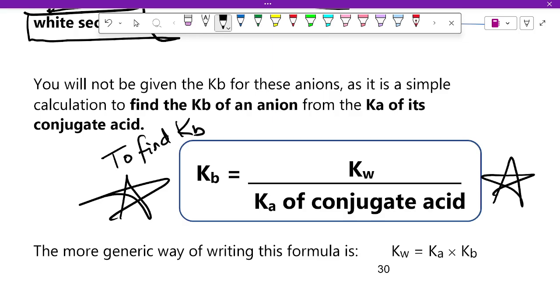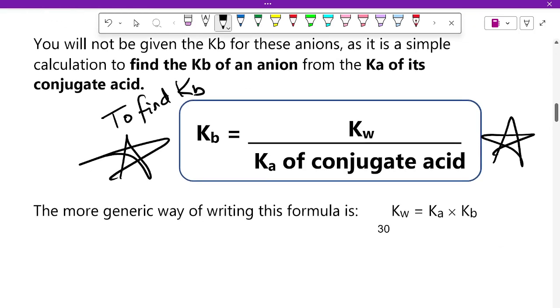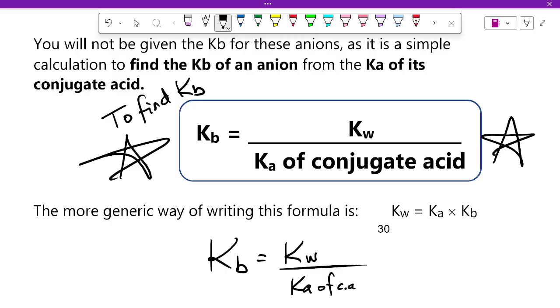And because that is really long to write, you might just say Kb is equal to Kw over Ka of the conjugate acid. It has to be the conjugate. So Kw is equal to Ka times Kb, where the acid and the base are conjugates.